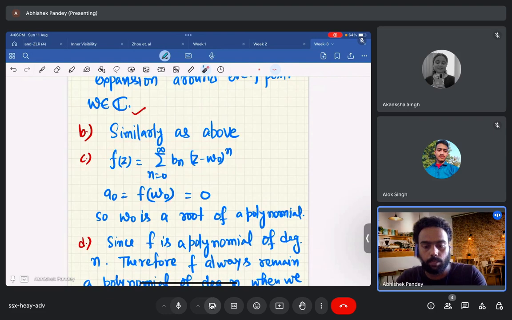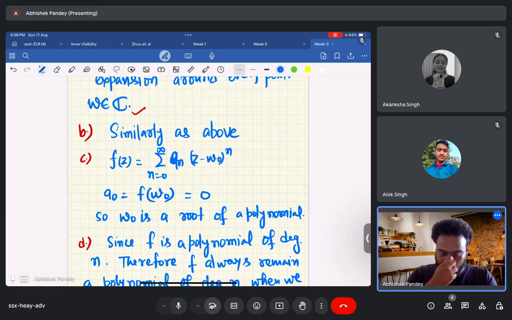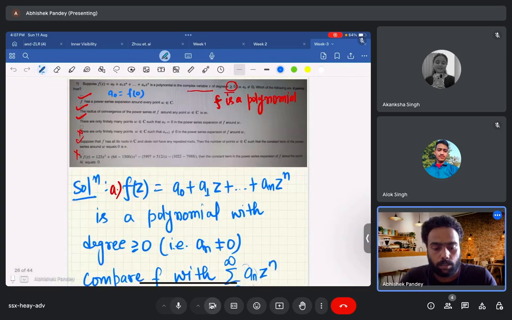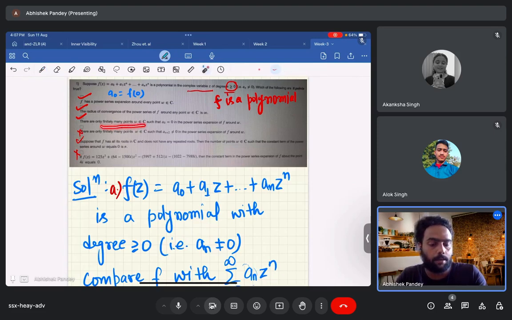Oh, sorry, I have to write this a_n. So a0 is nothing but f of w0. So w0 is a root of the polynomial, and a polynomial has only finitely many roots, isn't it? So there will be finitely many w belongs to C only. Is it clear?